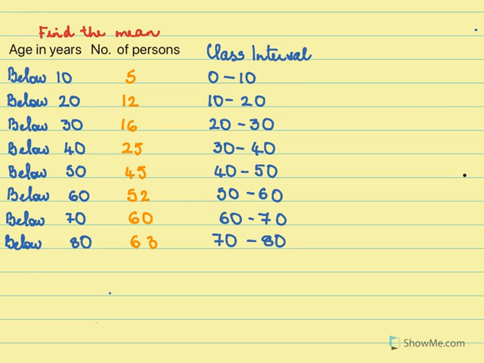Why did we take gaps of 10? Because if you notice, here is a gap of 10, this is a gap of 10, this is a gap of 10. Next we have to find the proper frequency.